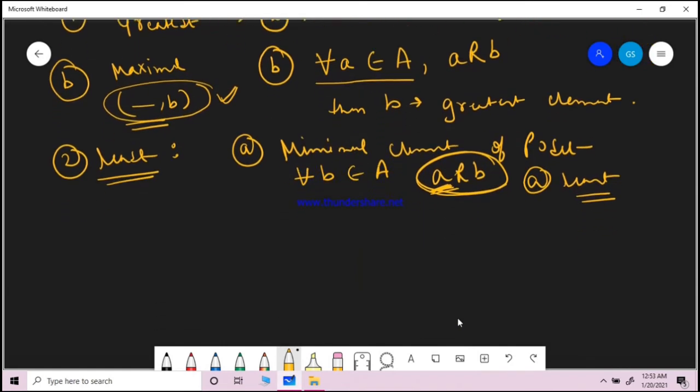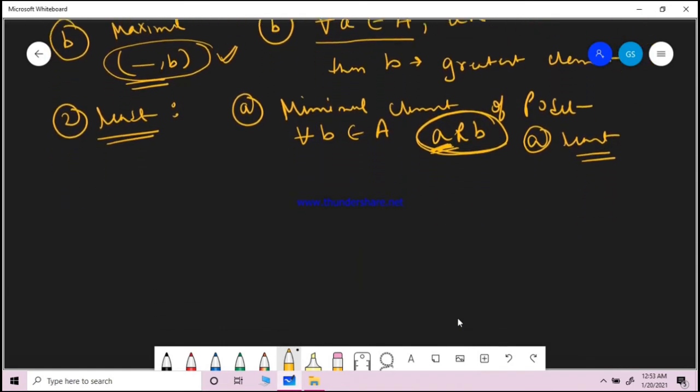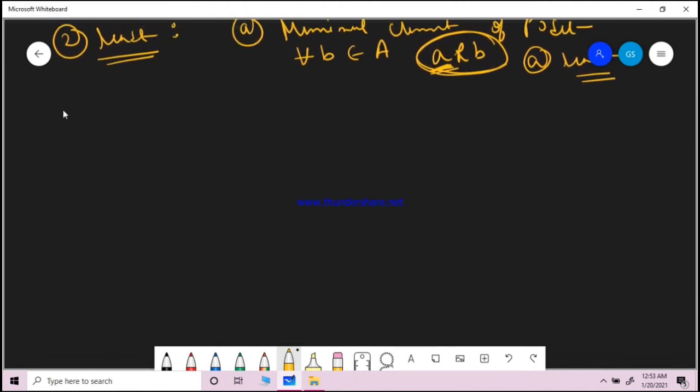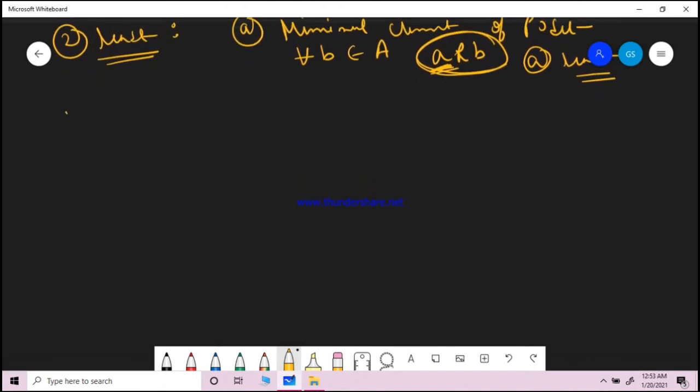Let's see one example. Okay, the first example is: suppose I'm just drawing the Hasse diagram, not giving you the poset question. Simply you have to see the minimal and maximal.